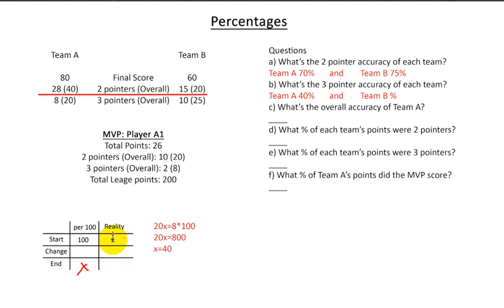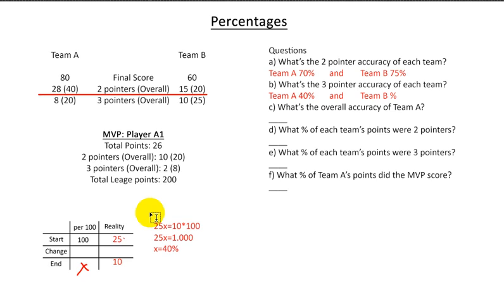Let's put that in place. 25 overall. And they got 10. So we need to have that. Let's take the cross product. 25x needs to be equal to 10 times 100. So 25x needs to be equal to 1000. If I do this division, what I get is that x needs to be equal to 40%.